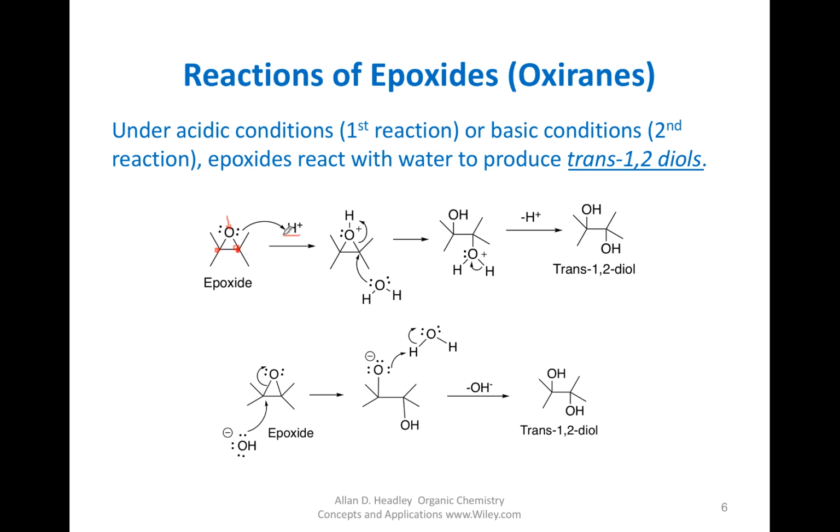In an acidic medium, H+, as you can imagine, the oxygen will be protonated, and if the solvent is water, it can attack to give this intermediate, and the final product is a 1,2-diol. In this case, it's a trans diol. Keyword, you'll see why I am emphasizing trans in a second. So this gives a trans diol.